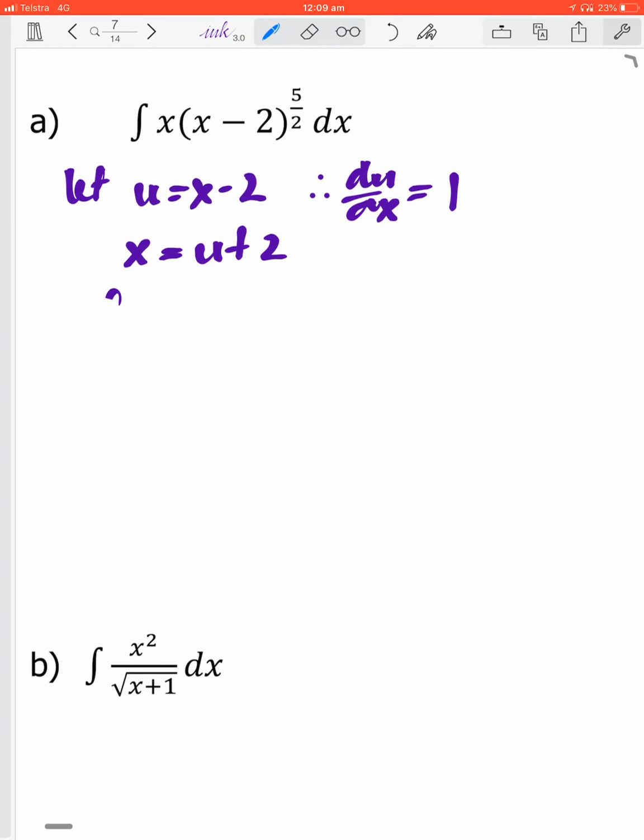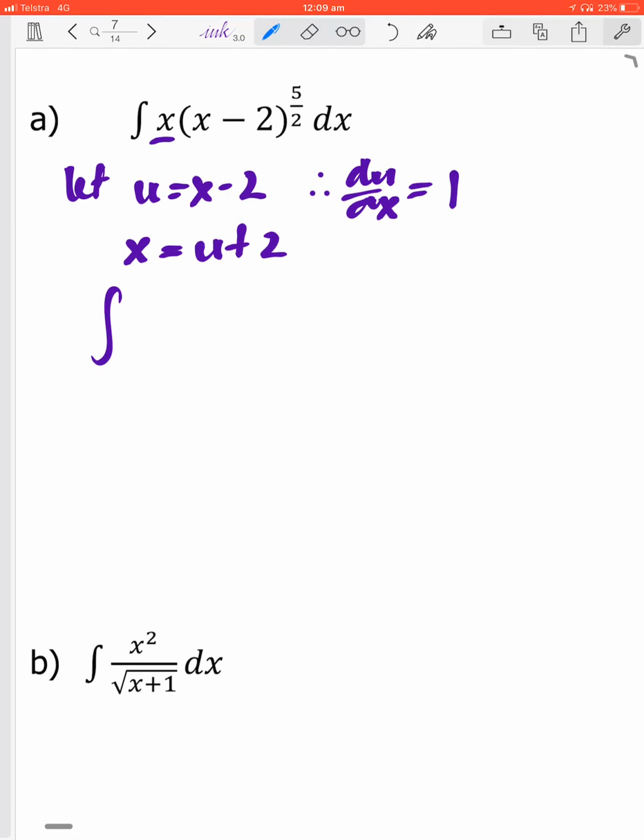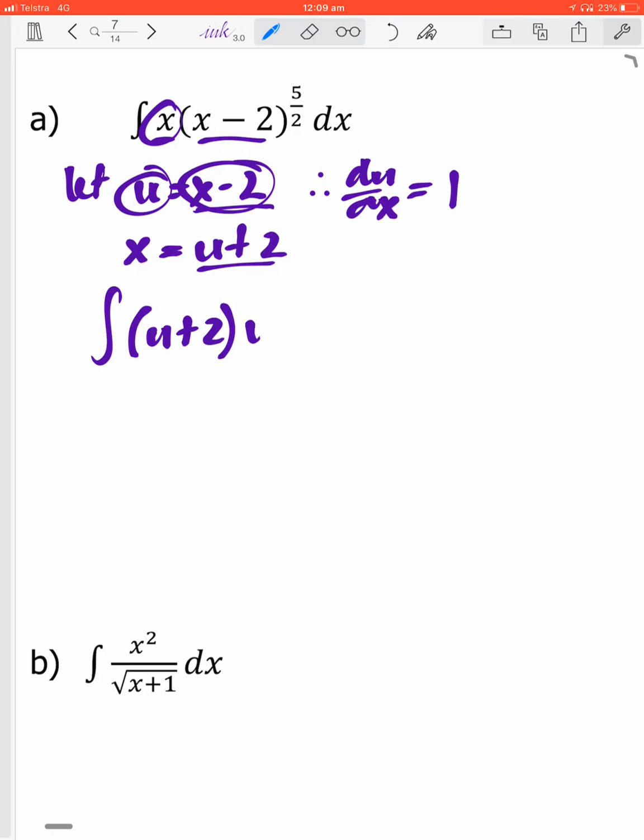So instead of x I can write u plus 2. Instead of x minus 2, I know that is u, so I can say u to the 5 on 2, and then we can just add in a du dx because we know du dx is just 1, and we're not changing anything when we multiply something by 1.